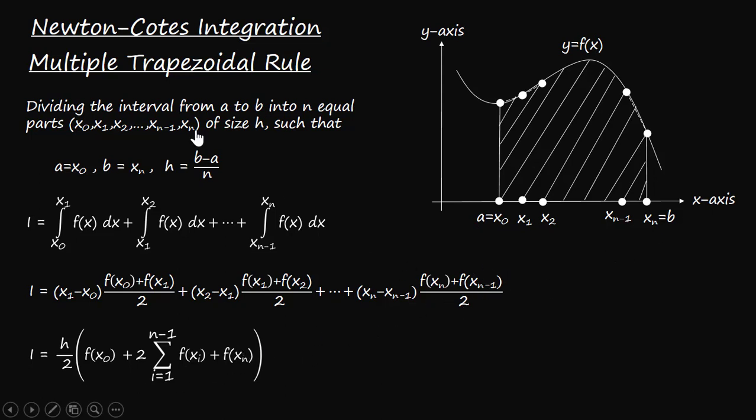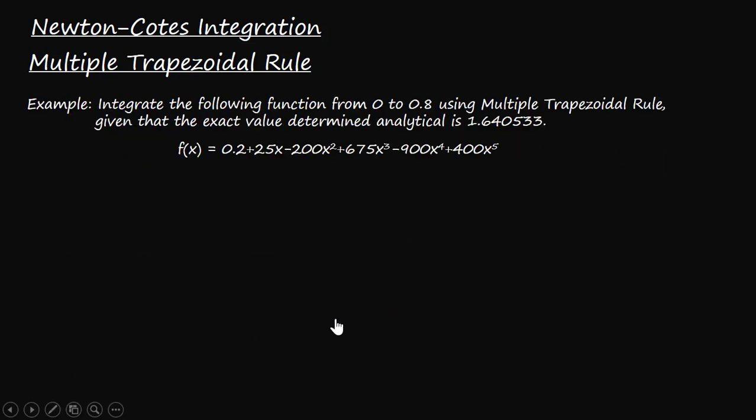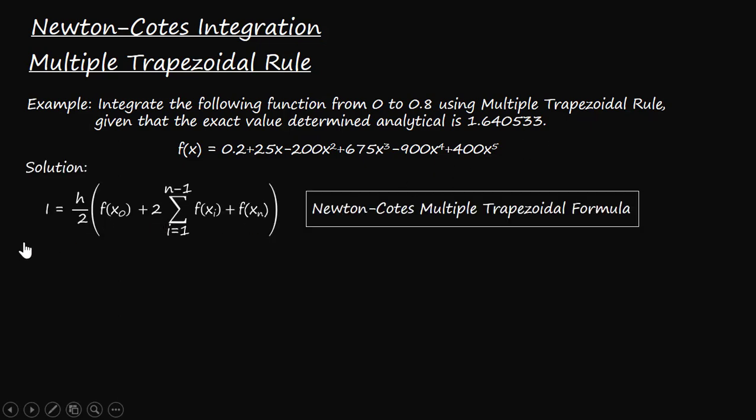Now let's apply this multiple trapezoidal rule on the same problem and see if we can solve our problem. So we'll integrate the same function f of x from 0 to 0.8 using the multiple trapezoidal rule. Let's write this formula, and for the value of n, let's say we are dividing the interval 0 to 0.8 into two equal parts.